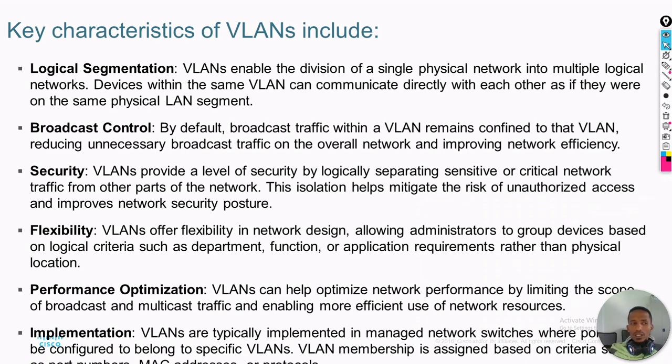So why do we need VLAN? The first reason is logical segmentation. As we have said, it's not physical segmentation but logical, because a single physical network is subdivided into smaller logical networks. The second is controlling broadcast messages. A broadcast message, as we said previously, is sent to everyone in the network.